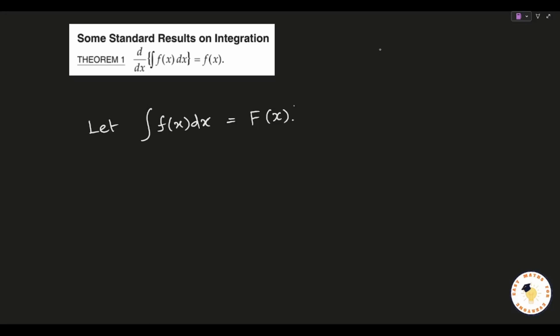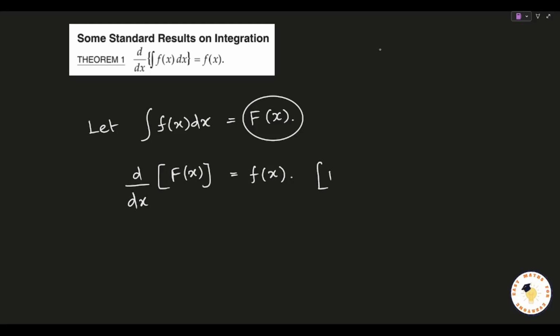So when you differentiate this function, you will get the value inside. So d by dx of capital F of x will give you the small f of x. This by definition of integration.